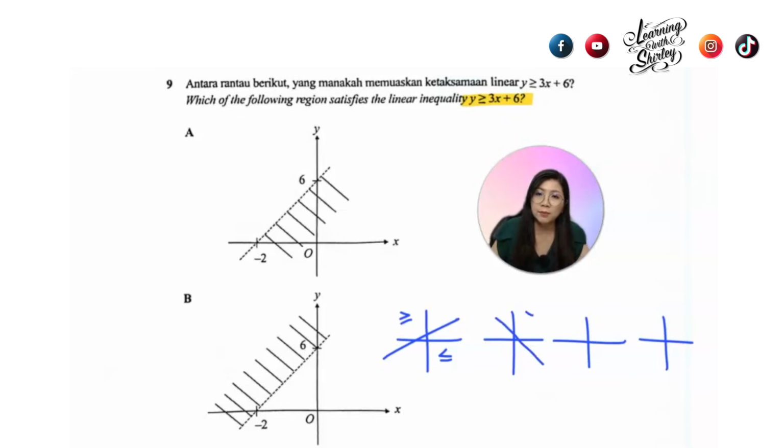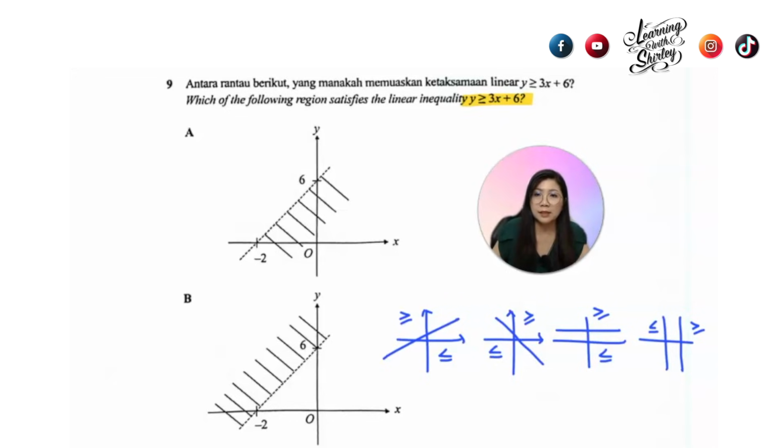So this side is more than or equal to, the bottom one is less than or equal to. What if it's a horizontal line like this? On top is more than or equal to, the bottom is less than or equal to. If it's a vertical line like this, this side is more than or equal to, and on the left side is less than or equal to, okay?